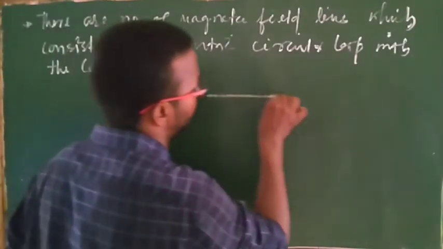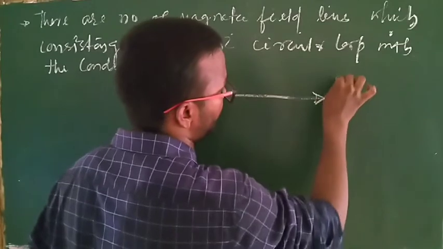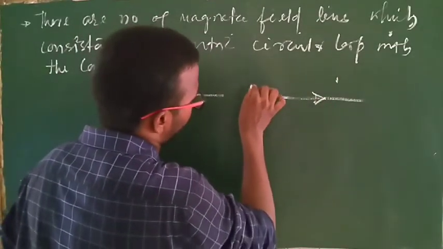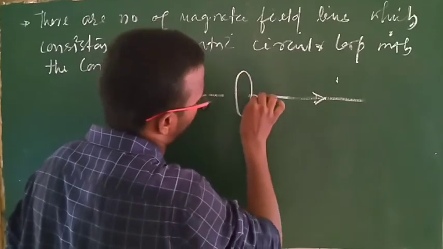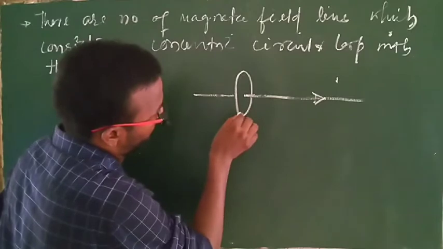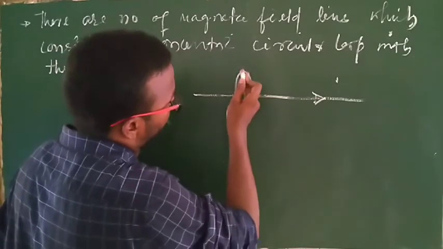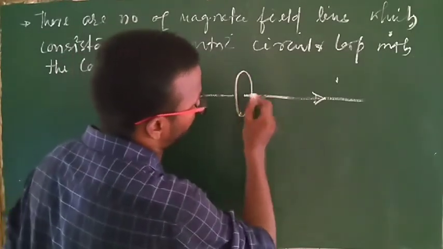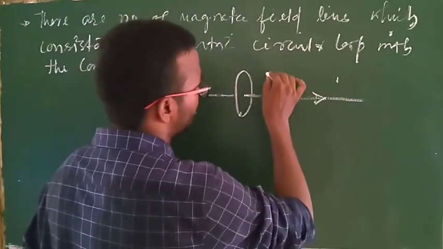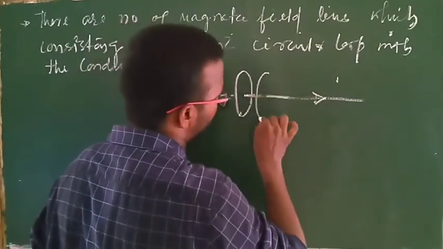That means this is the current carrying wire I, and this is the direction of magnetic field lines, and the angle between this magnetic field line and the current carrying wire is 90 degrees. There is a number of magnetic lines of force.